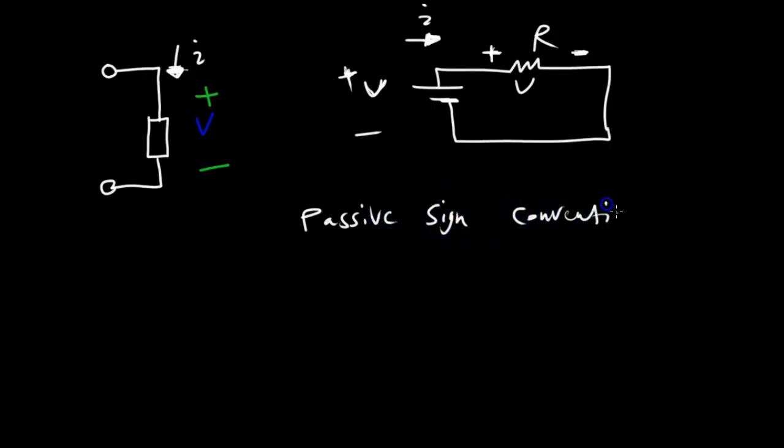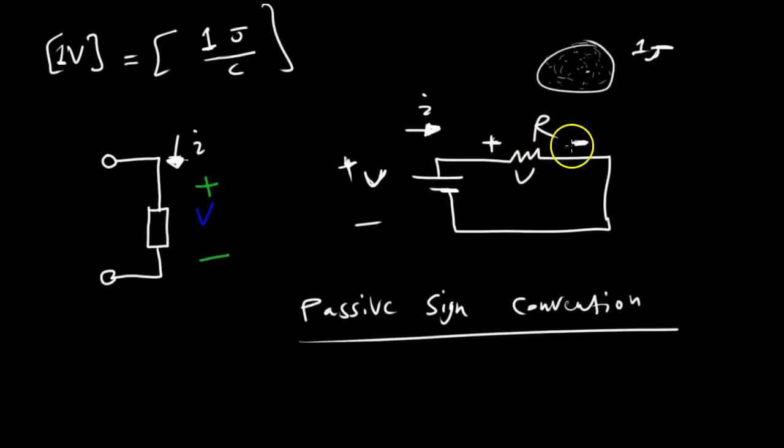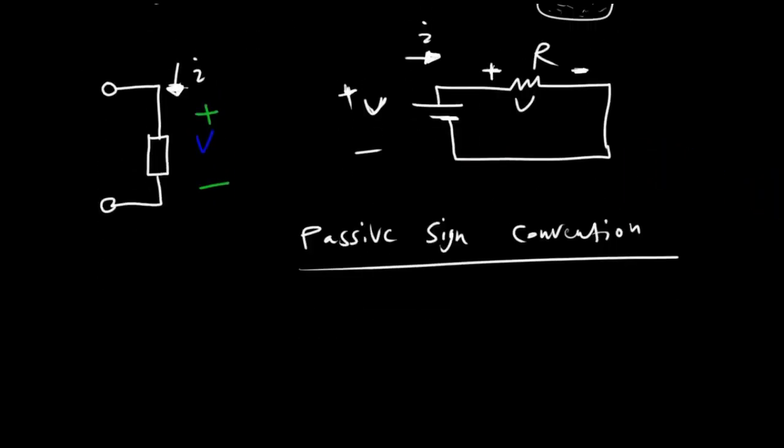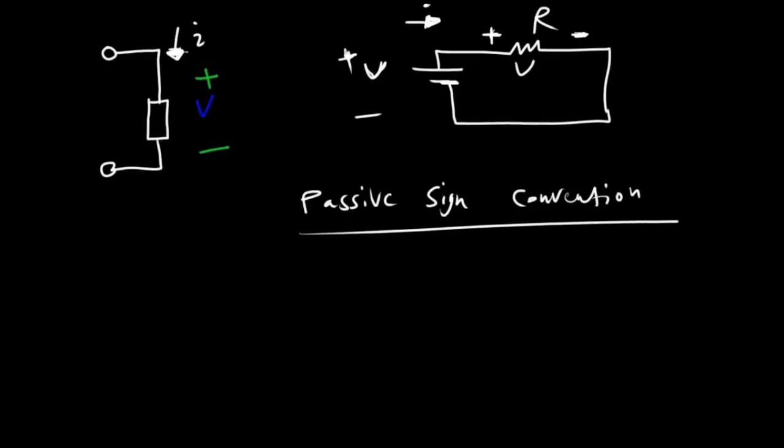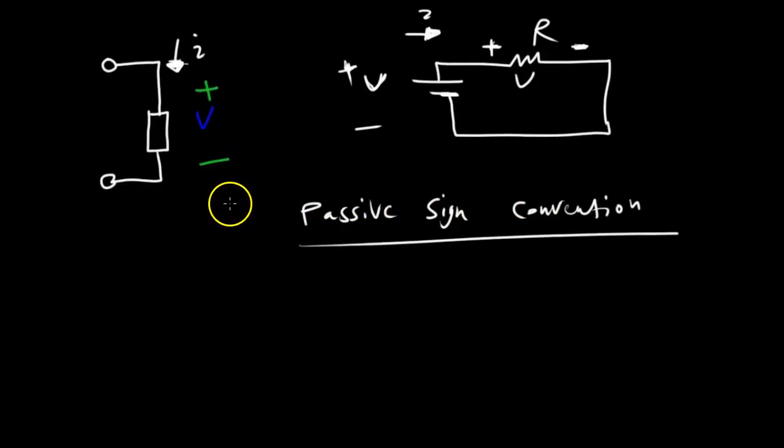Under the passive sign convention, current flows from the positive side of the element's terminal to the negative side. The issue is that if you want to talk about power, which we'll get into in the next video on power and energy, it's going to be a problem if we don't follow the sign convention.